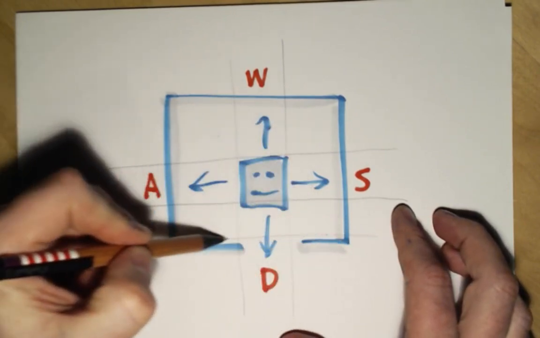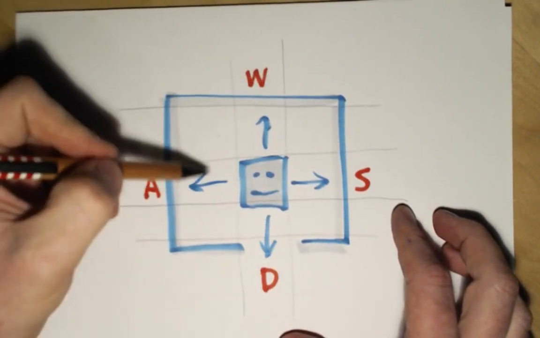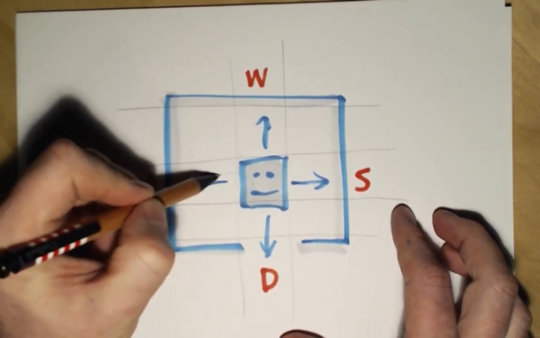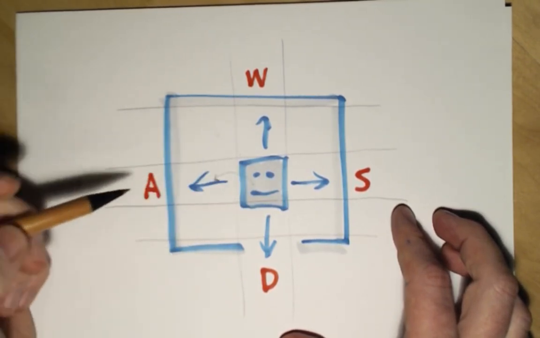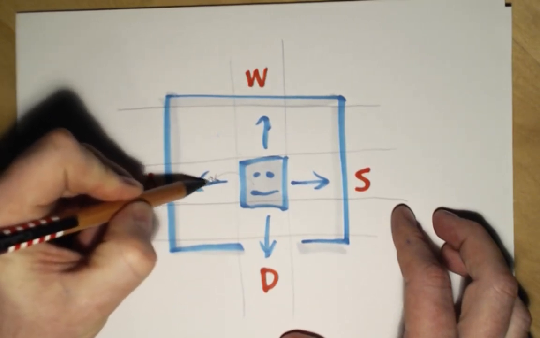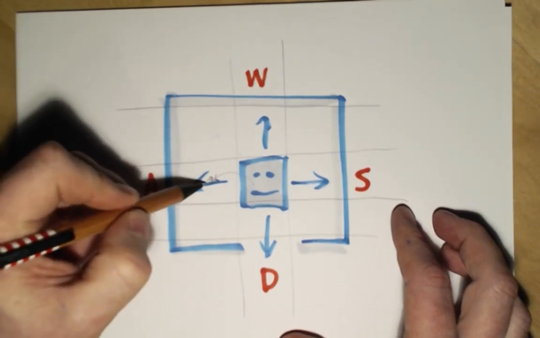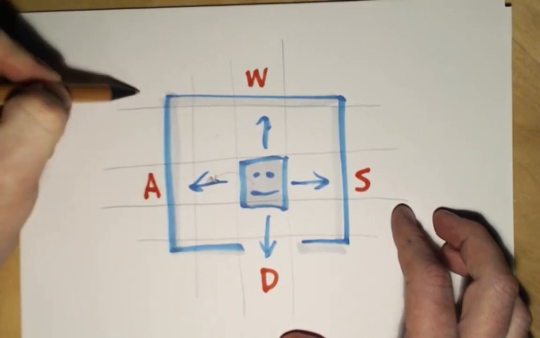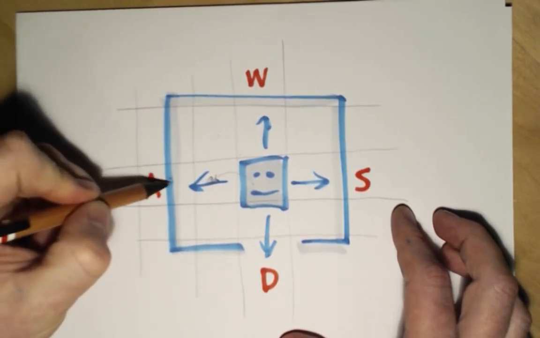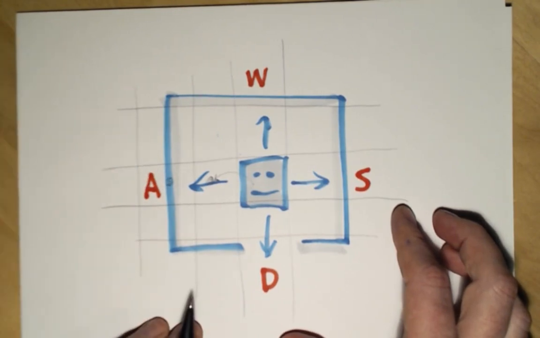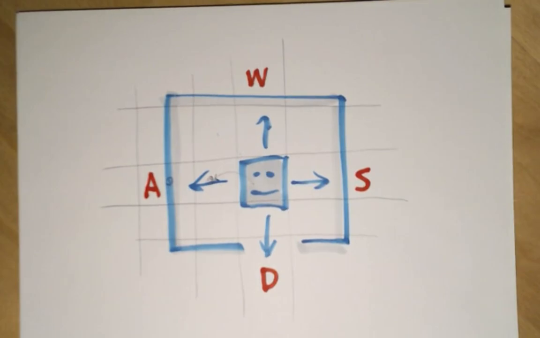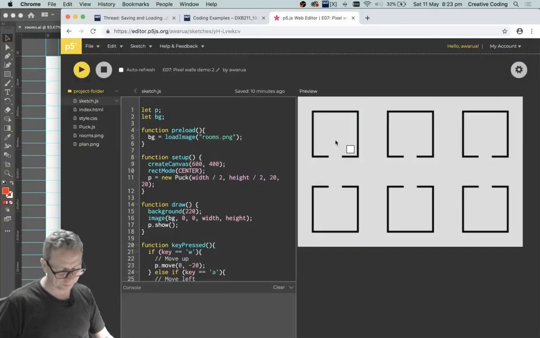And all of the walls are also drawn on the grid, so that when the puck moves to a position, we just check the pixel at the center of that grid. And if it's clear, that means the puck can move there. But if it's not clear, then the puck can't move there. So I'll show you now how to set that grid up in a program like Illustrator.